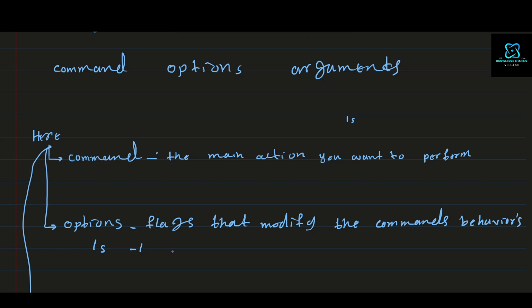For example, it will show the type of it, whether it is a file or a directory. It will show the last modification date and time. It will also show which kind of permission it has. We will talk about those in the second section, but this is basically what the option does. An option will alter the behavior of the command.